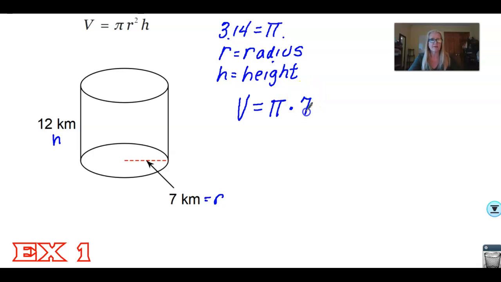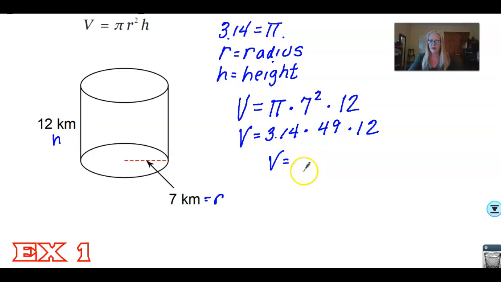The radius is 7, and that would have to be squared, times the height, which we know is 12. 7 times 7 is 49, and then we multiply all that times 12. I've worked these out in advance. The volume for this one turns out to be 1,846.32.